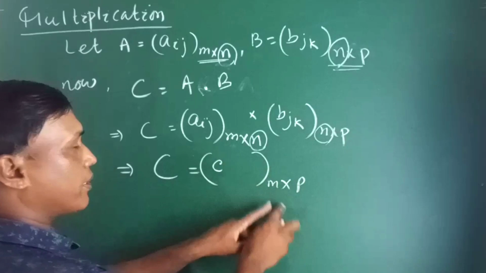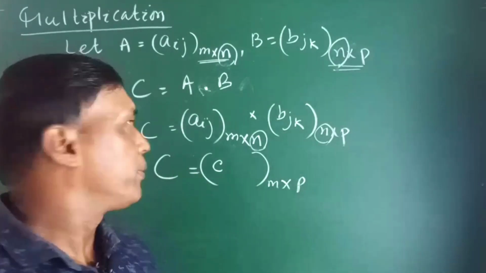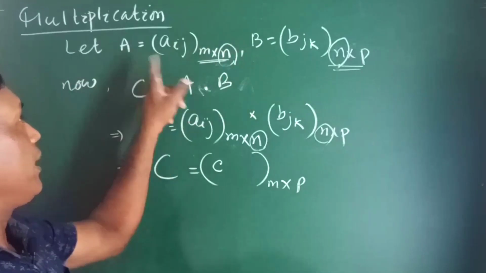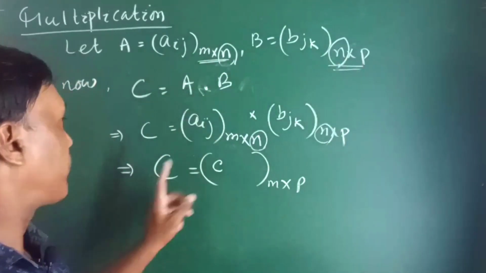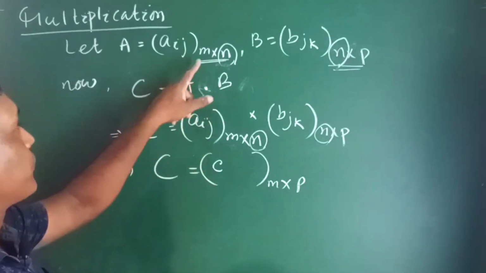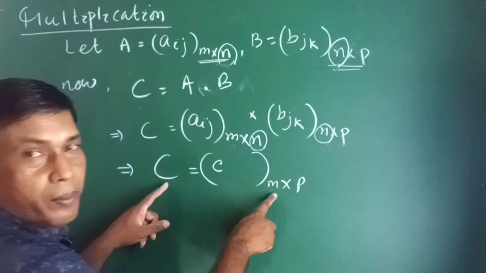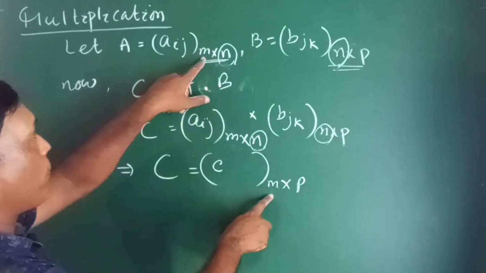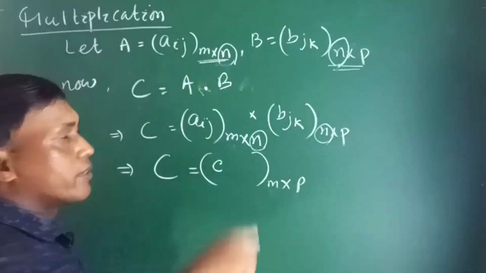This row into column is the order of product matrix. So if A is a matrix of order m cross n, B is a matrix of order n cross p, then the product matrix is of order m cross p. That means the row of product matrix is same as row of first matrix and the column of product matrix is column of second matrix.